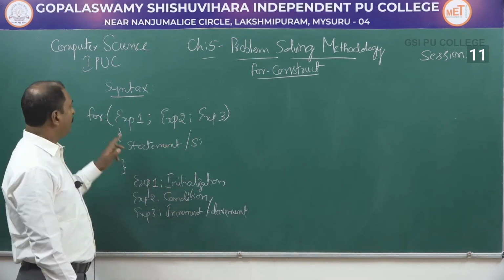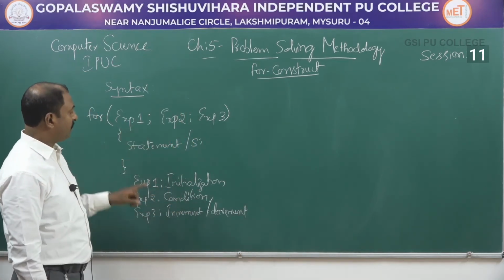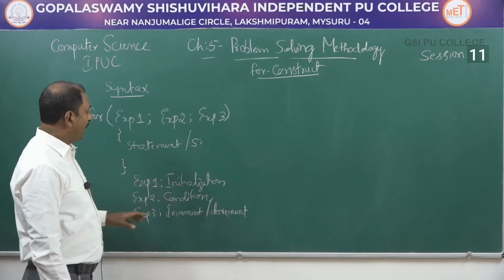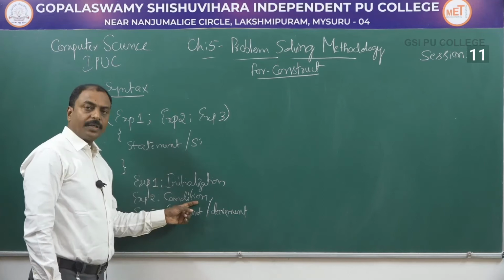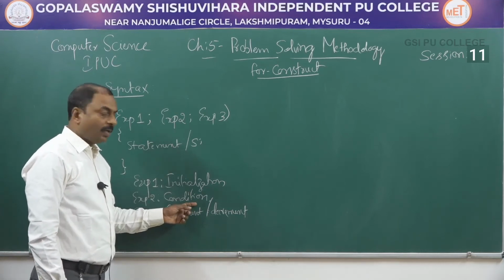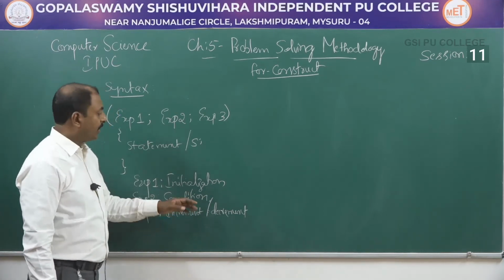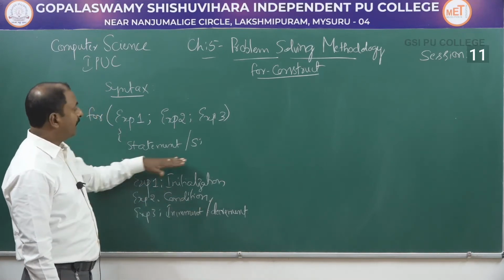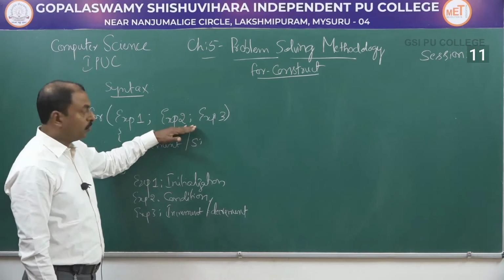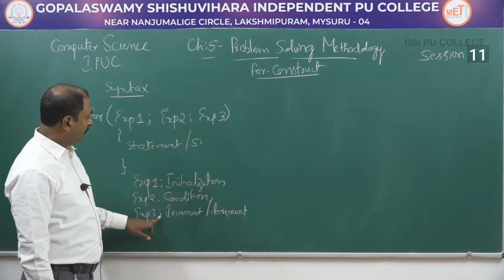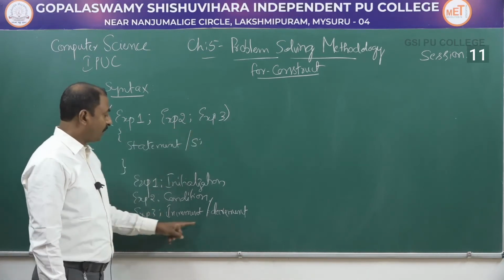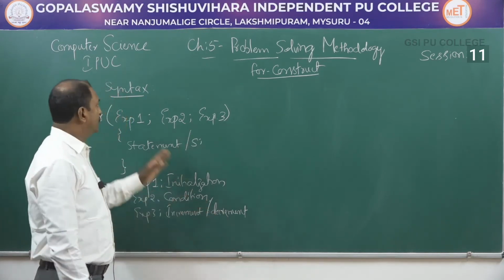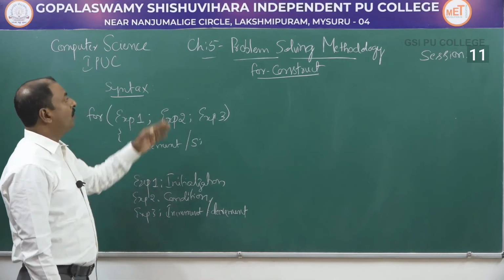Expression 1 stands for initialization, it is nothing but the starting value, and expression 2 is a final value or a condition, so that the loop will continue or repeat the set of statements as long as the condition is true. And expression 3 stands for either an increment or decrement statement. So this is the general syntax of the for construct.